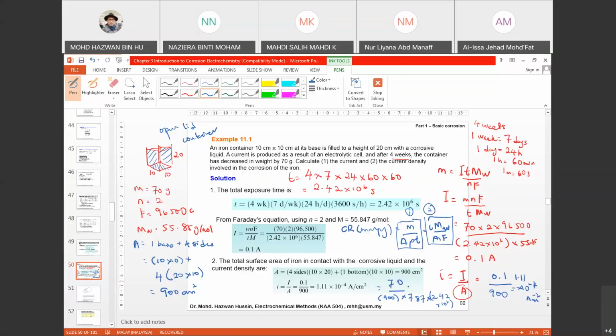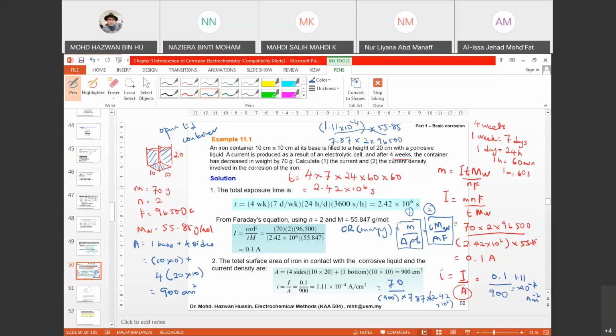So if you use the second formula, the current density 1.1 times 10 power of minus 4, okay, multiply with 70, 55.85, okay, divided with the density 7.87 times 2 times 96,500.